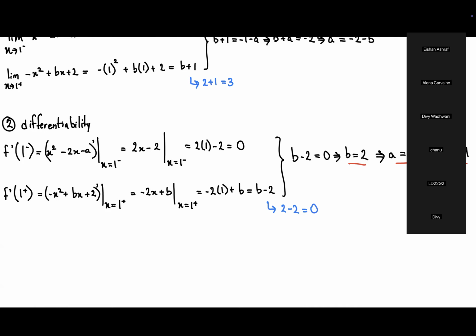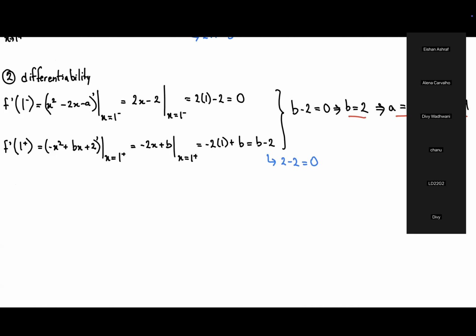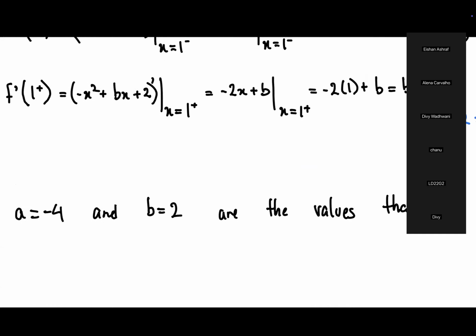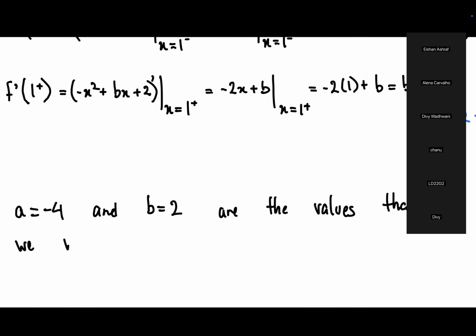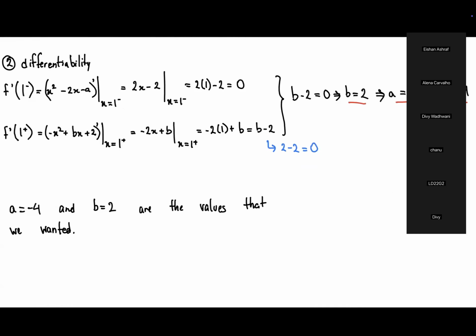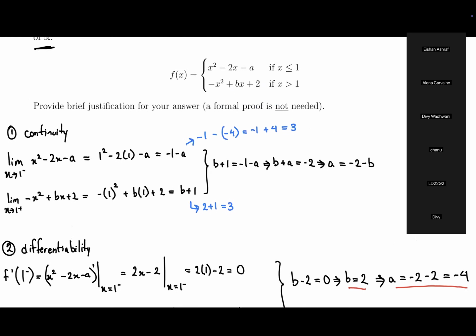That means the values a equals negative 4 and b equal to 2 are the values that we wanted. And that is how you would do question 4.